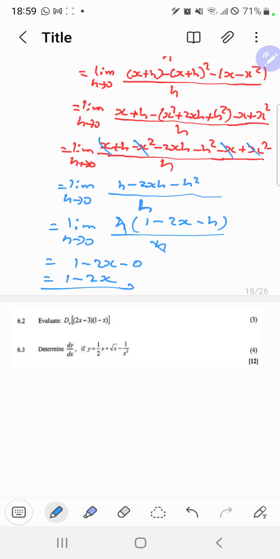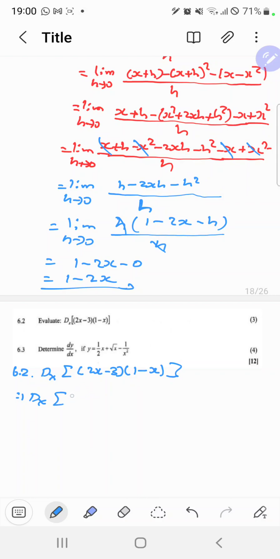6.2 says evaluate the derivative with respect to x of this expression, (2x minus 3) times (1 minus x). Of course, this implies that d/dx, you first simplify what is inside.